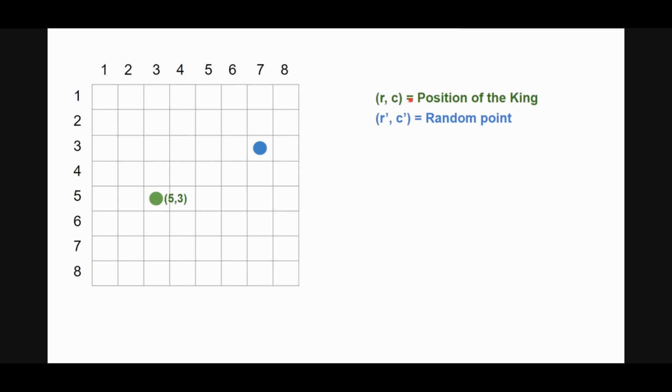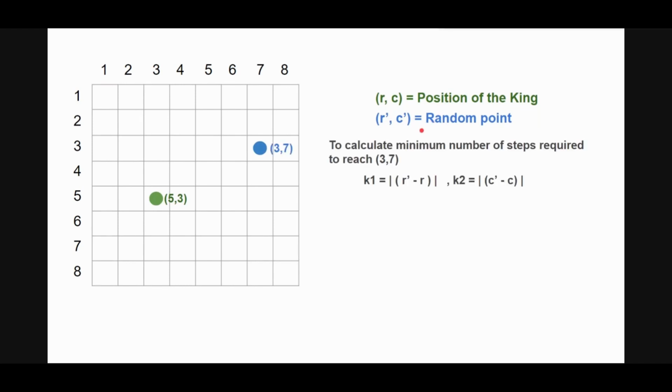One thing to note here is the r dash here and the previous r dash are different, they aren't the same. So the coordinates of the random point are 3 comma 7. Now here we have seen that we have to take an input k from the user, which denotes the at most number of steps, and in this example we'll understand the logic.